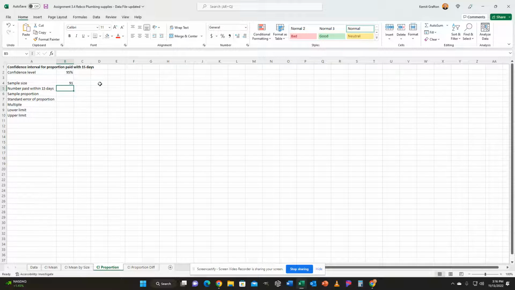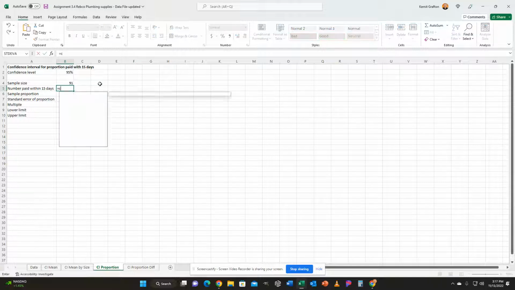Now we want to know how many paid within 15 days. Again, we're going to go back to the data tab and use the COUNTIF function. So equals COUNTIF, and I want to know the range and the criteria.